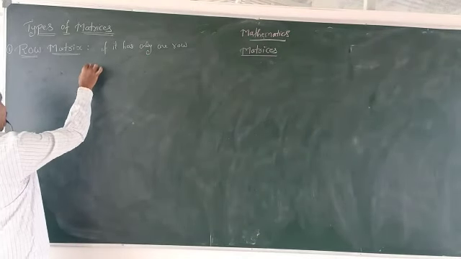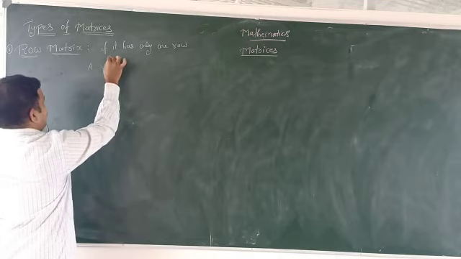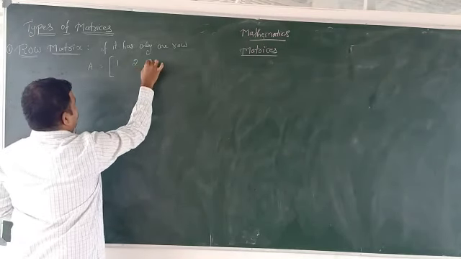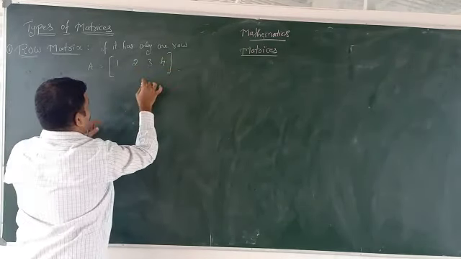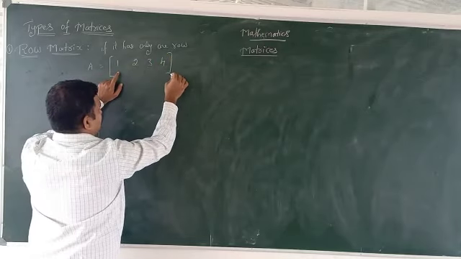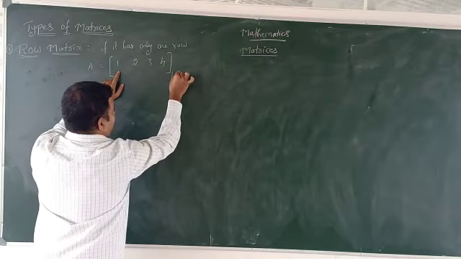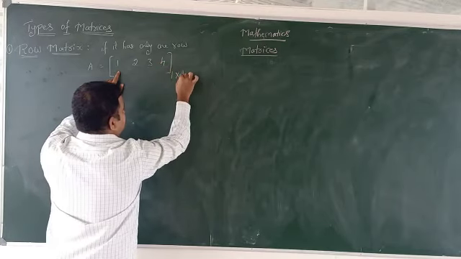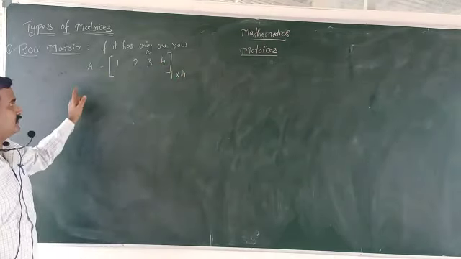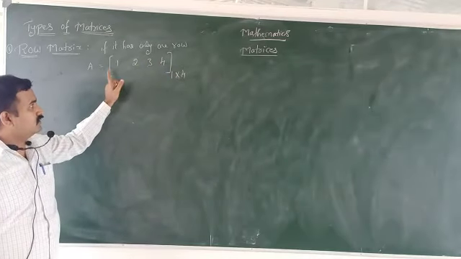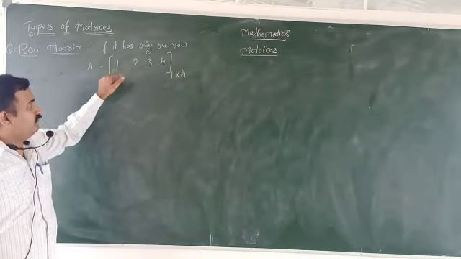For example, if A equals 1, 2, 3, 4, we have a single row and 4 columns, so the order of this matrix is 1 cross 4.